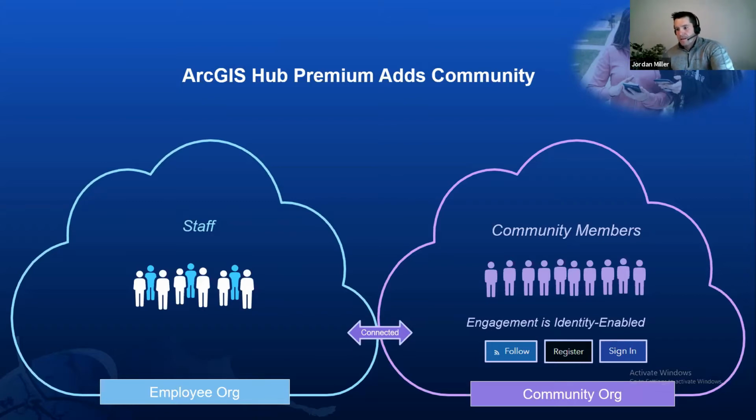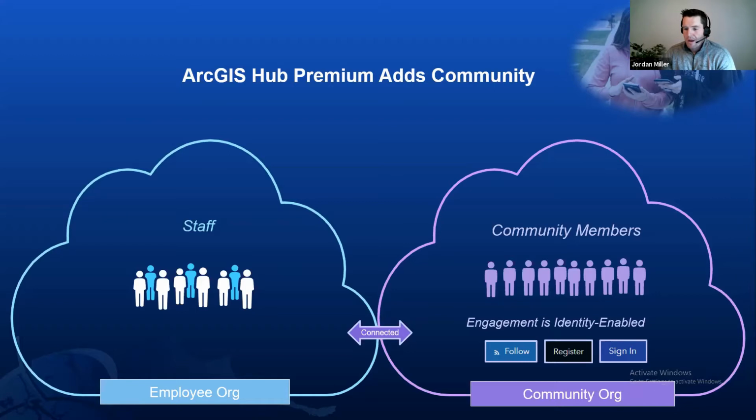I'll get into the intent in a little bit, but the confluence of this is really between our organizational account that has all of our staff, and it is connected to that community account. They work in parallel.